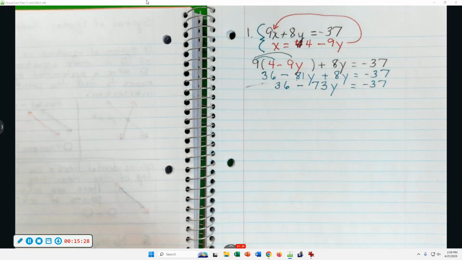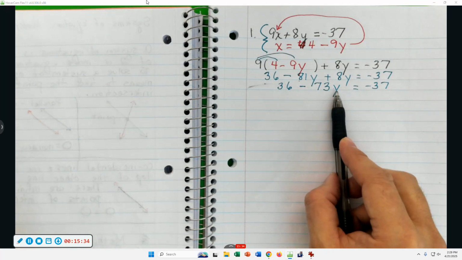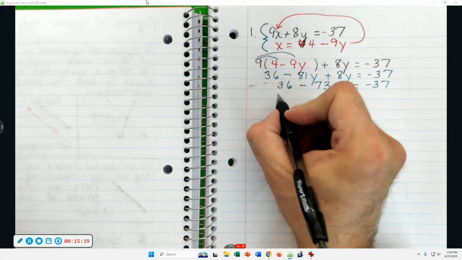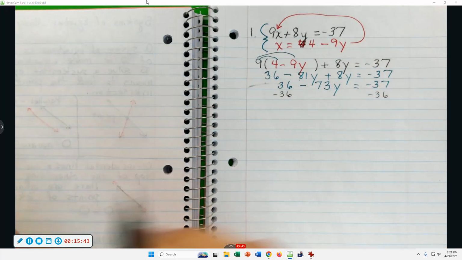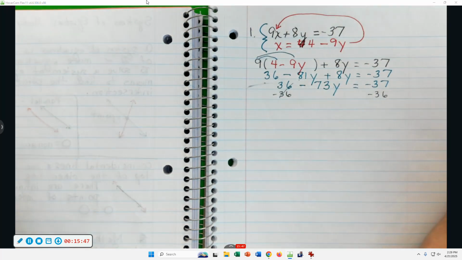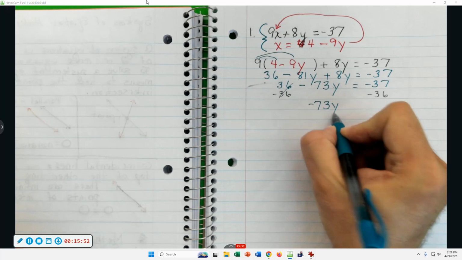And now just go through and get that y by itself. To get the y by itself, I'm going to subtract 36. So the 36's are gone, and we have negative 73y on the left.